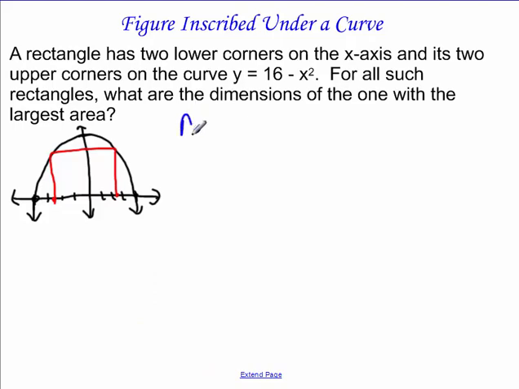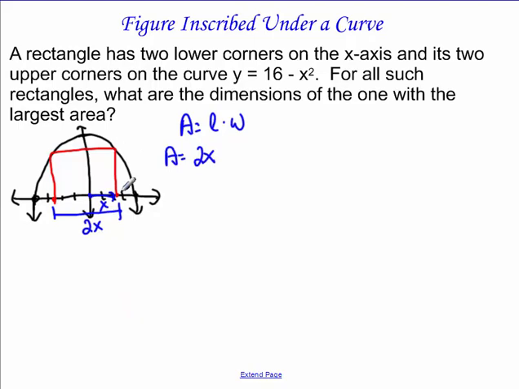Now area is length times width. Let's figure out what our width is. So the width here from 0 over to this value would be x. So the whole width would be 2x, because I need this in one variable.